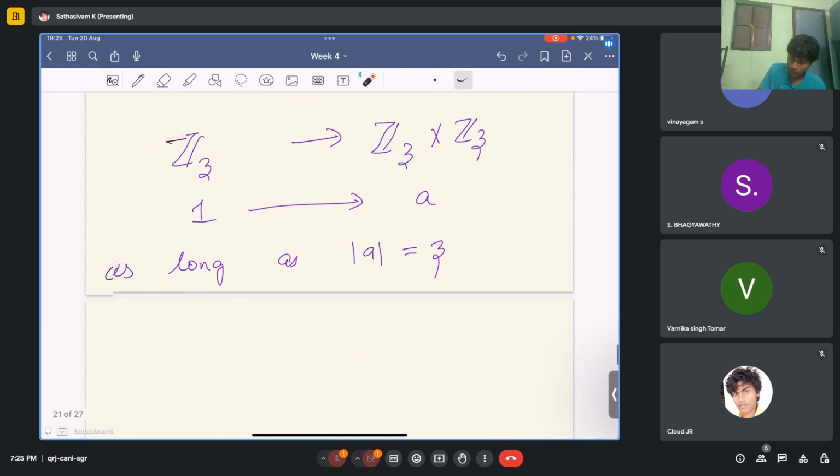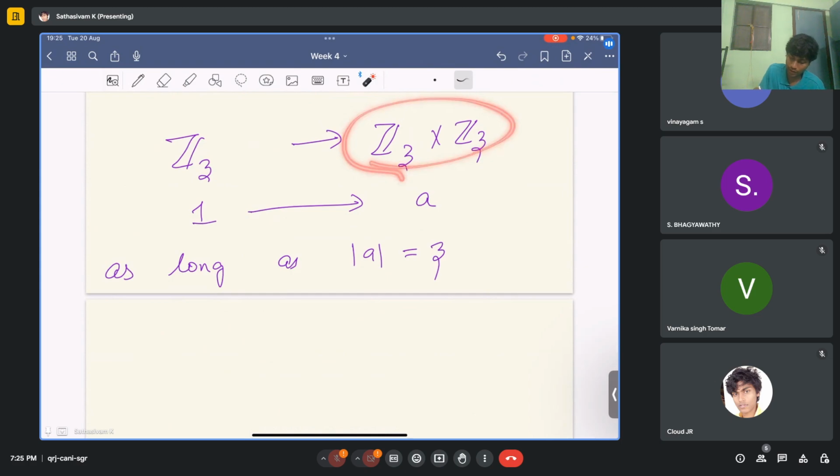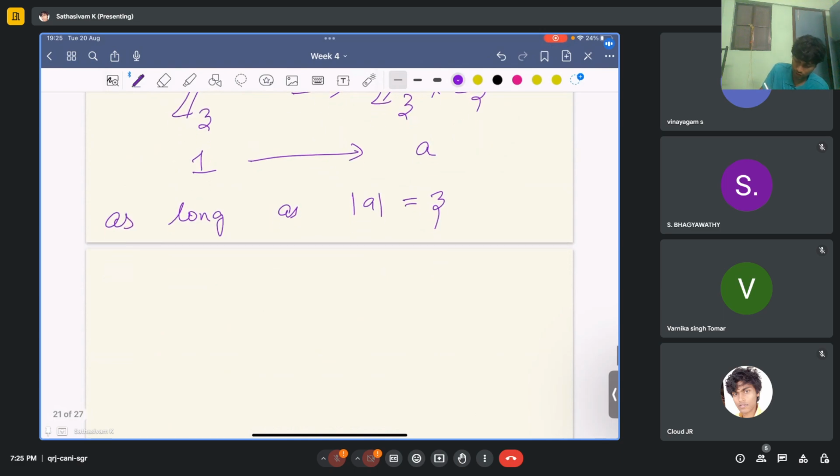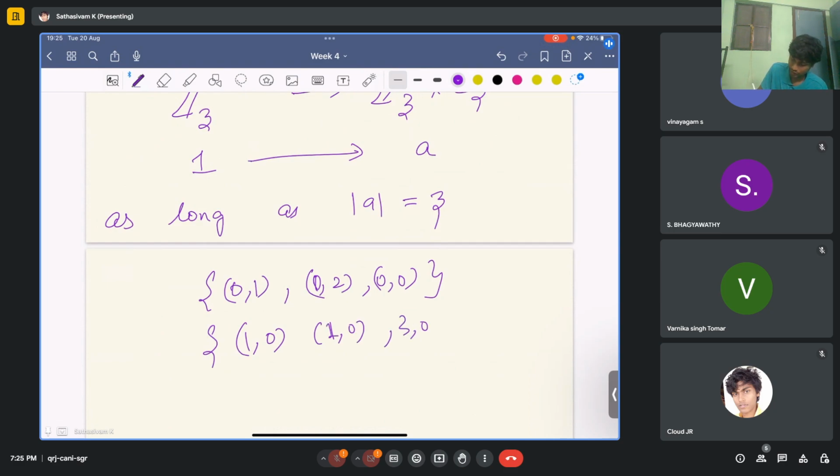So if you look at the subgroups here, there are again only 3 subgroups. One is generated by 0 1, sorry, 0 2, 0 0, similarly 1 0, 2 0, 3 0.